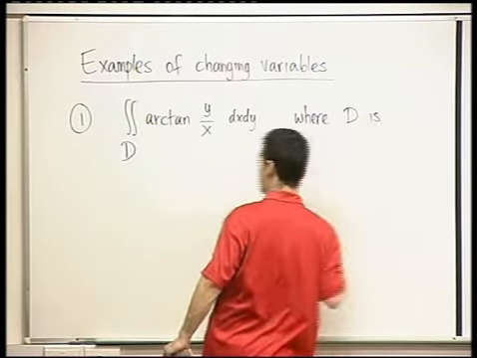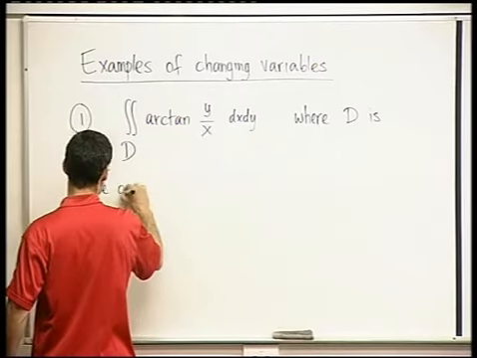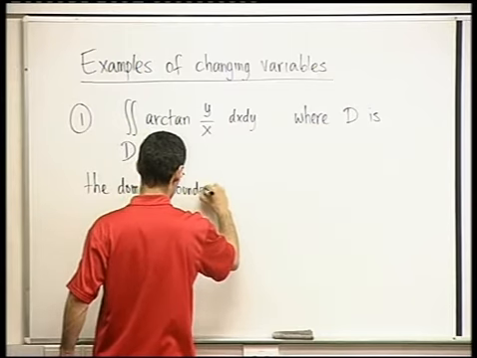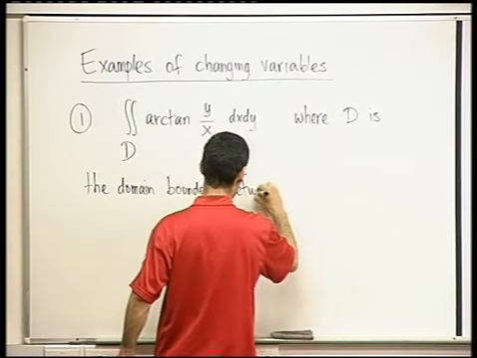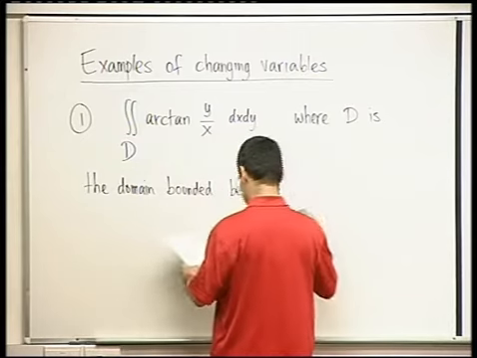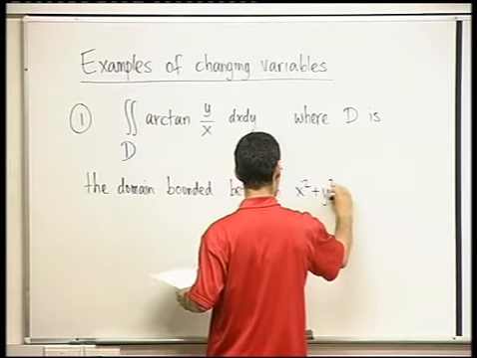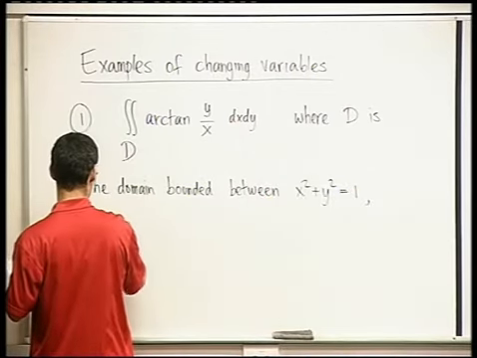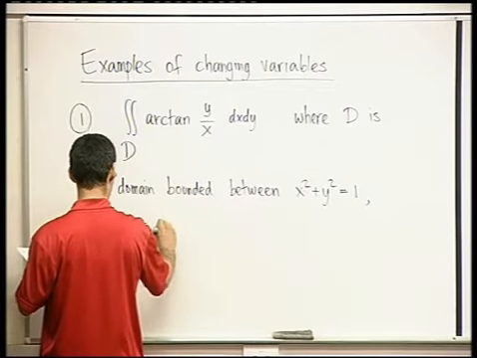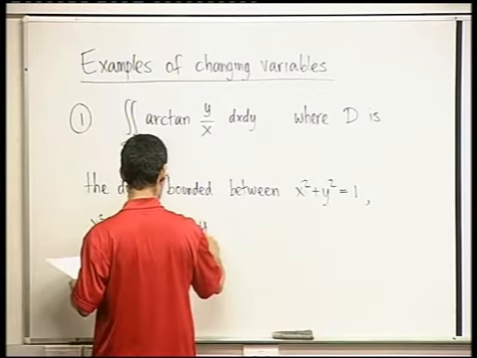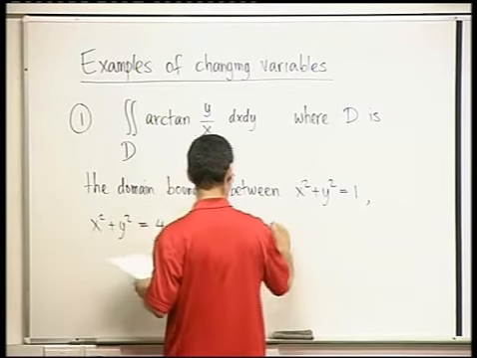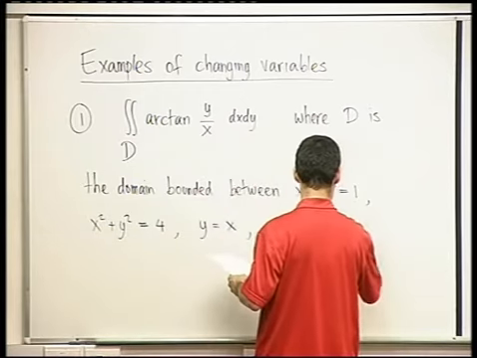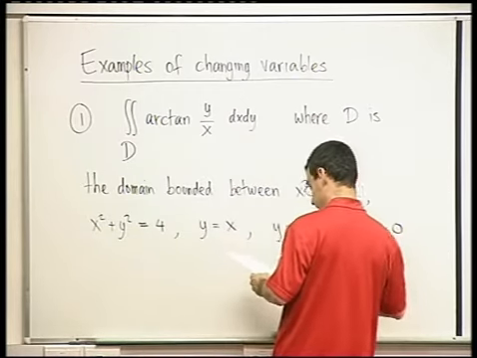D is the domain bounded between x squared plus y squared equals 1, x squared plus y squared equals 4, y equals x, y equals root 3 times x, and x is greater than or equal to 0.